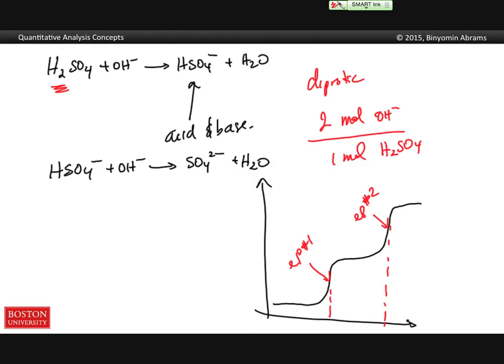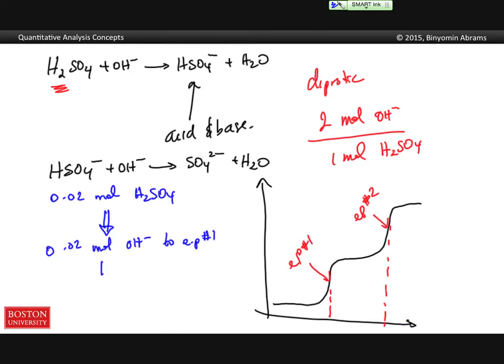let's go back to our original example. Let's say we have 0.02 moles of sulfuric acid. We're going to need 0.02 moles of hydroxide just to get to equivalence point number 1.